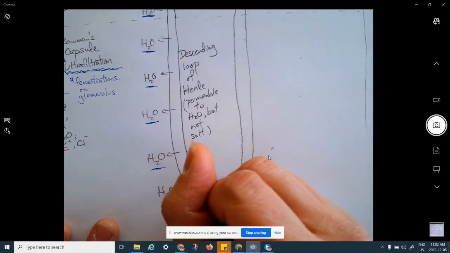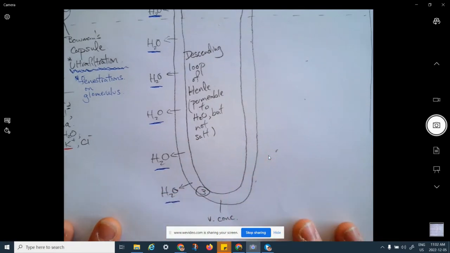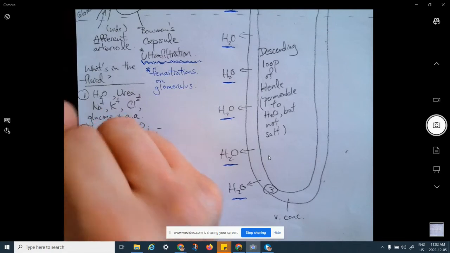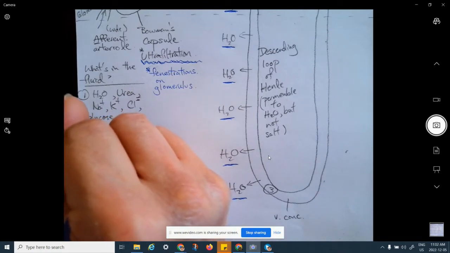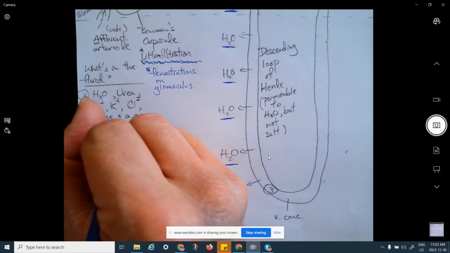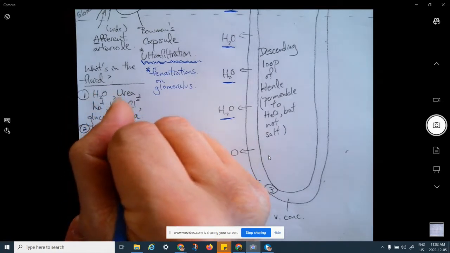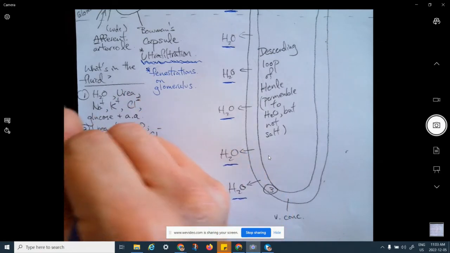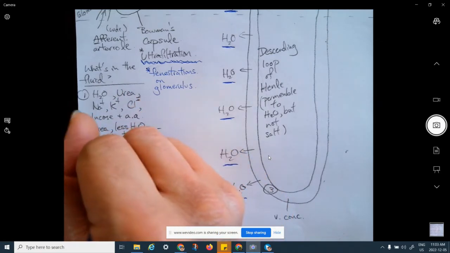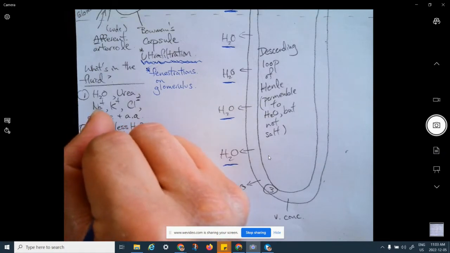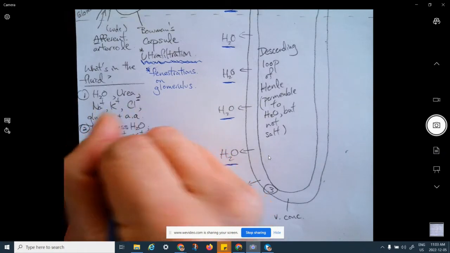And at that point, what is in this fluid? You will have urea. Urea is pretty much staying there the entire time. You have sodium, potassium, and chloride ions, basically your salts, but much less water.